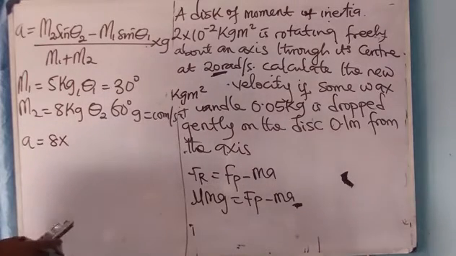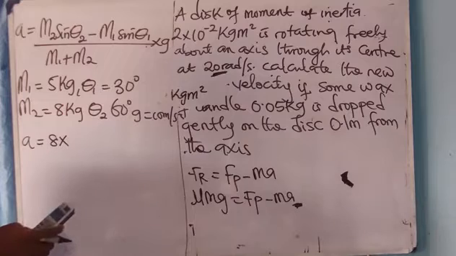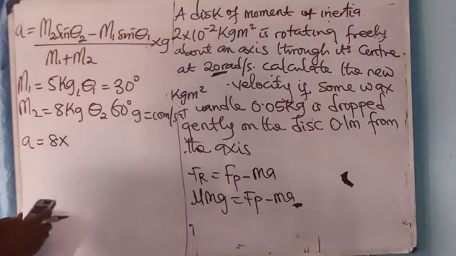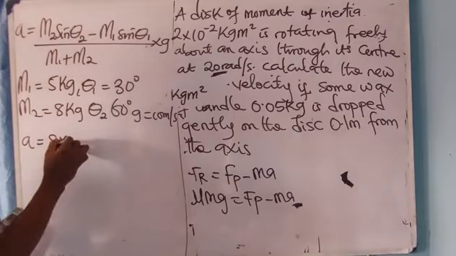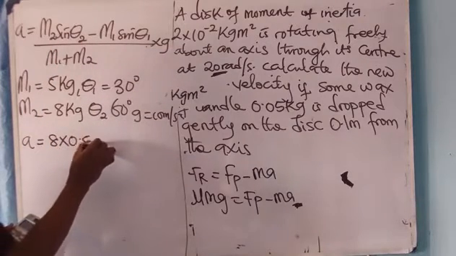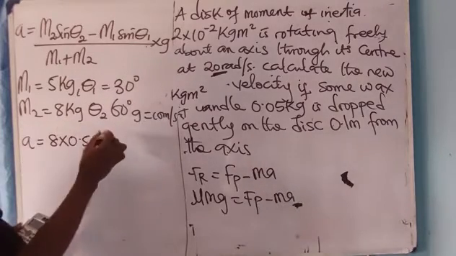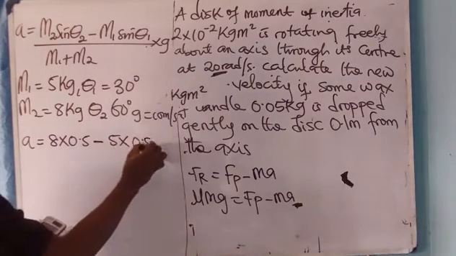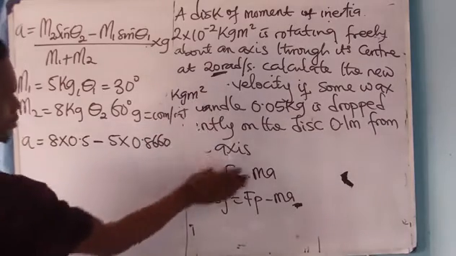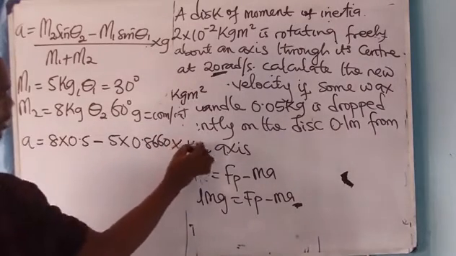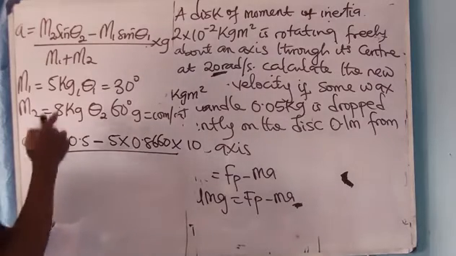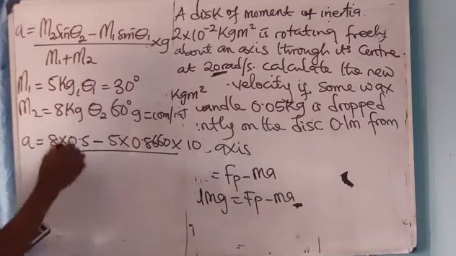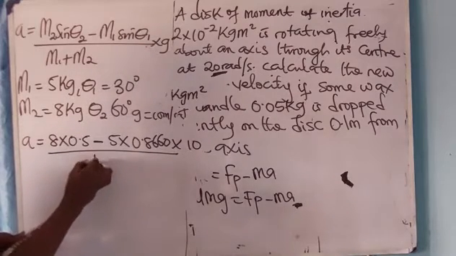Sine 30 is 0.5, then minus m1, which is 5, times sine 60, which is 0.8660, times 10 over m1 plus m2, so 5 plus 8, and that will give us 13.